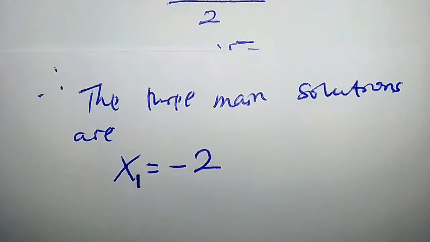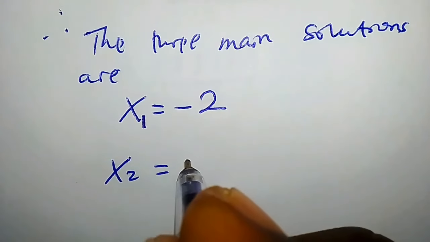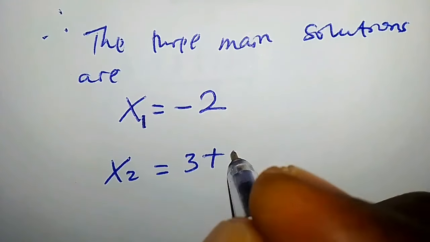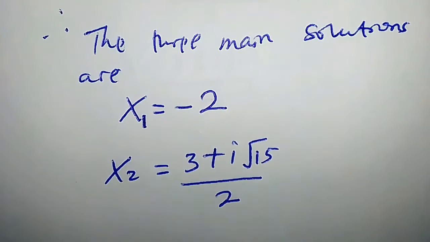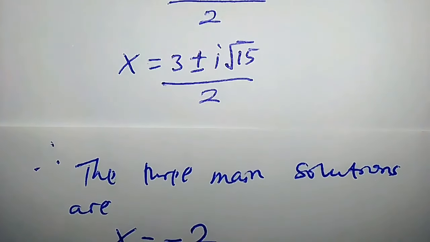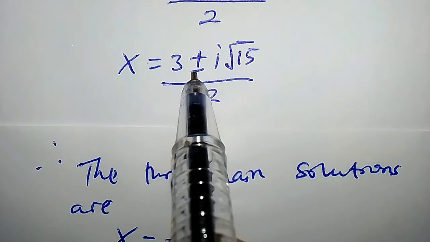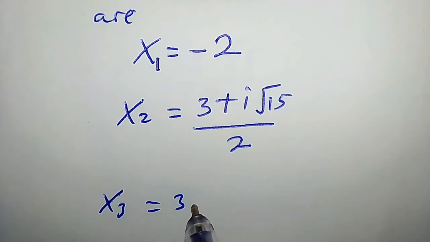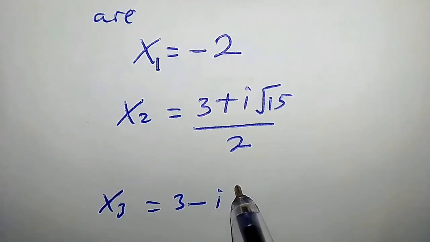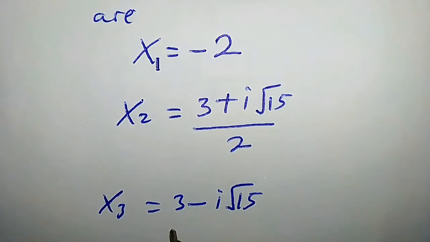So that will be x2 equal to 3 plus i times square root of 15 over 2. Now, considering the negative sign, our x3 is simply 3 minus i times square root of 15 over 2.